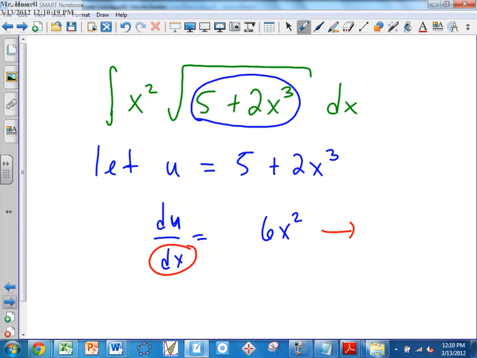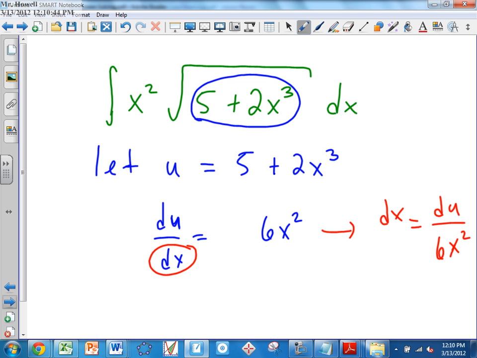Doing so, you'll see that dx is equal to du over 6x squared. Is that mathematically sound so far? Now, if I know that's what dx is equal to, can't I just plug it in right there? And wasn't this called u? Can't I write that as a u? Again, we said let u equal that whole thing.